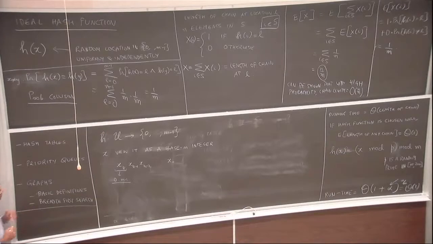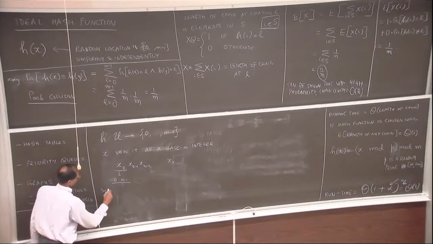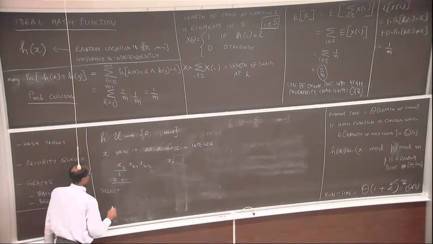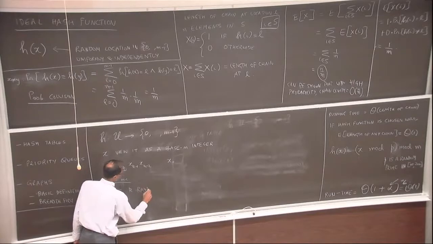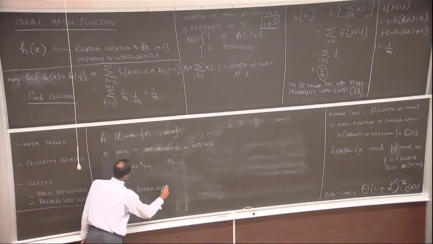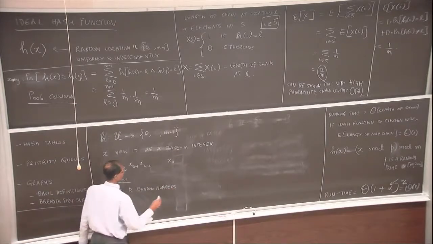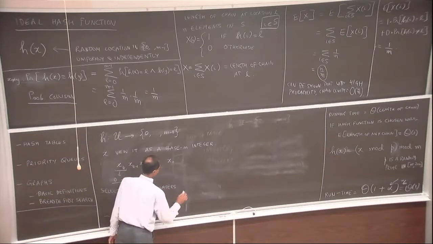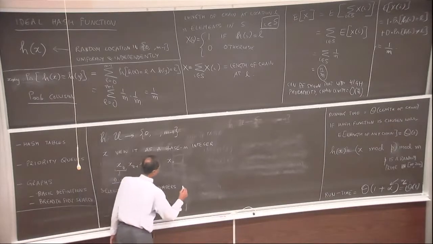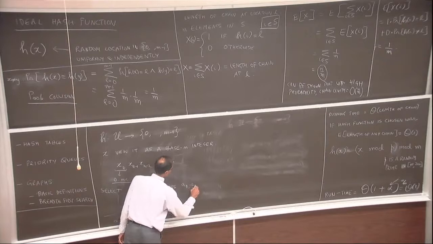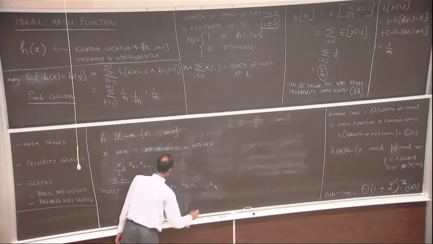And then what you do is you select k plus 1 random numbers, a0, a1, up to ak.